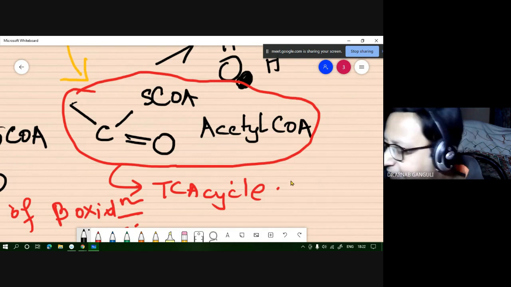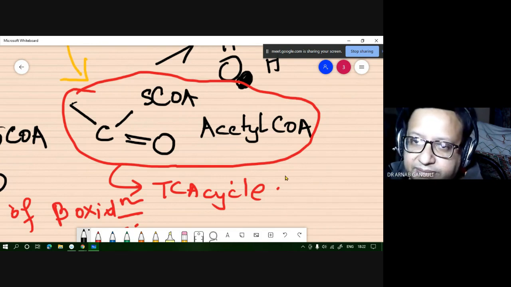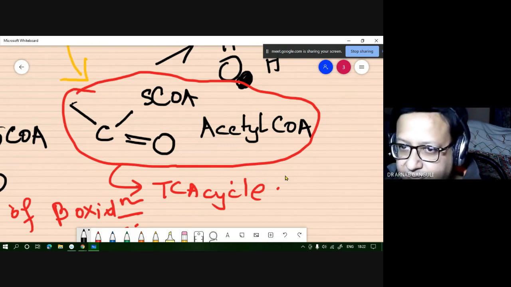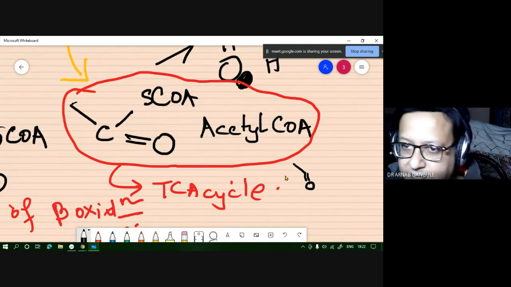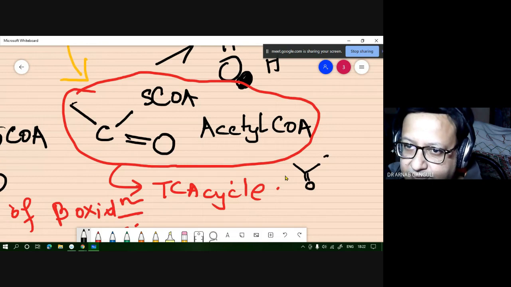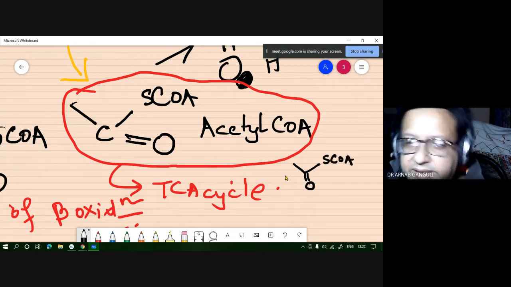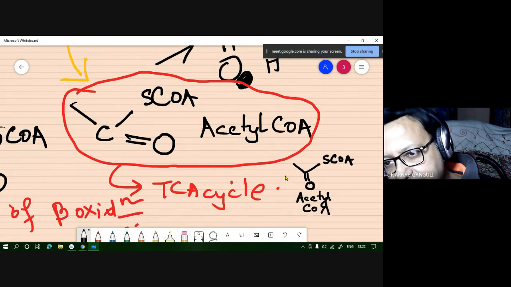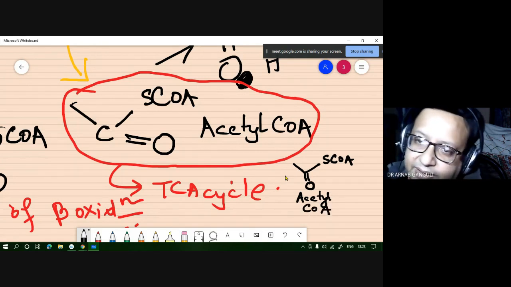I did not even draw this particular carbon here. I can simply draw it like this, which is also a structure of acetyl CoA.